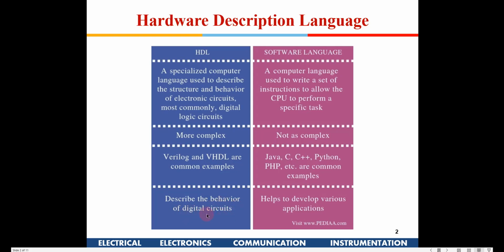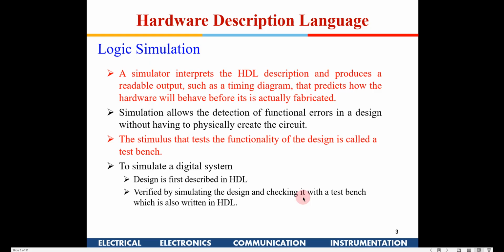It is equivalent to drawing a circuit diagram, right? Instead of making a schematic and drawing a circuit, we can write a program, and the compiler will make the circuit for us. So it is like a language which is essentially making a schematic. That is the difference with regards to a software language.